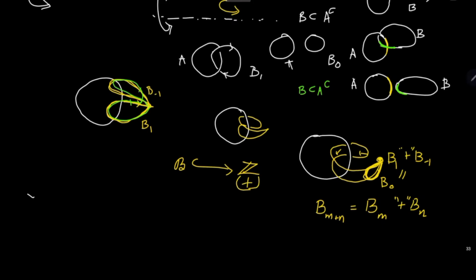That is the kind of group structure the loops have here.